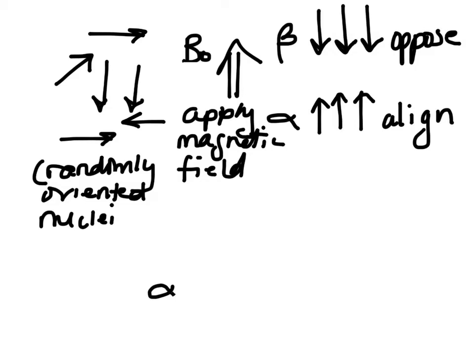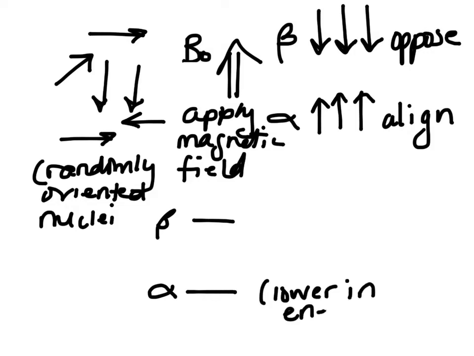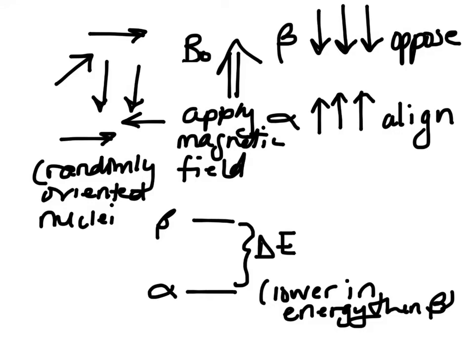Now alpha is going to be lower in energy than beta. So there's some energy difference here. This energy difference is quantized.